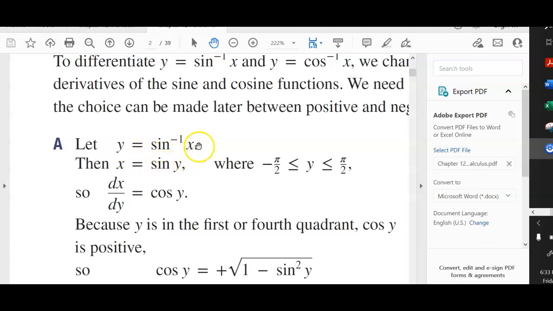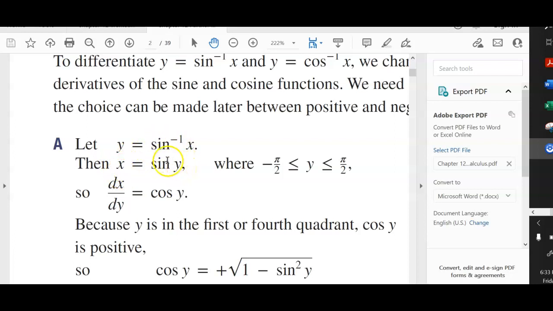And we know that when we're looking at an inverse sine curve, y is in a particular range, between minus pi on 2 and pi over 2. So we need to take that into account in our question. So what we do know is then that we can actually work out what dx dy is. Okay, we used to dy dx, but that's just now differentiating x in terms of y.